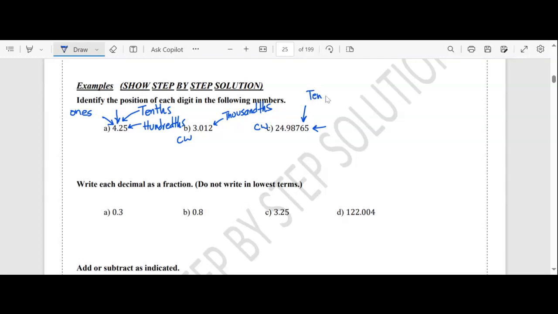And 100,000. And this one what? 100,000. Okay, what about the 2? Once. No, not once. 4 is ones. Tens. Okay? Did you write this inside your notebook?